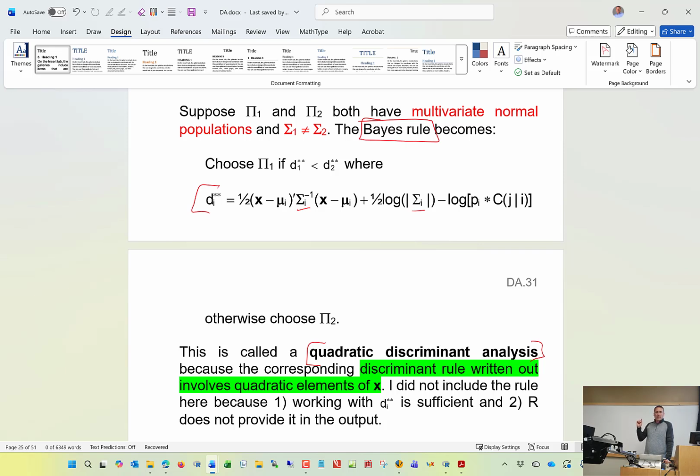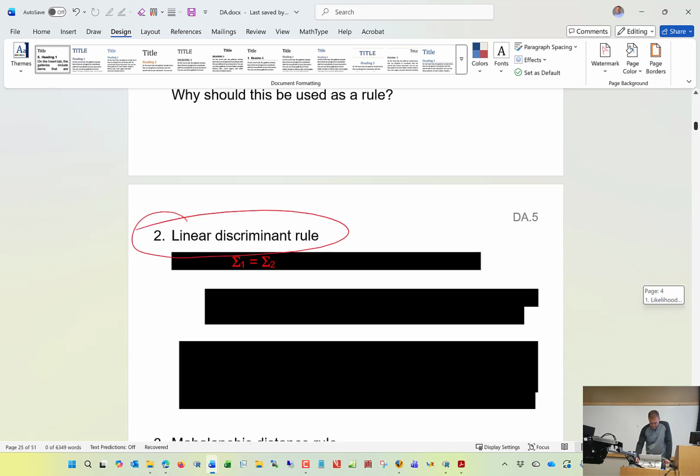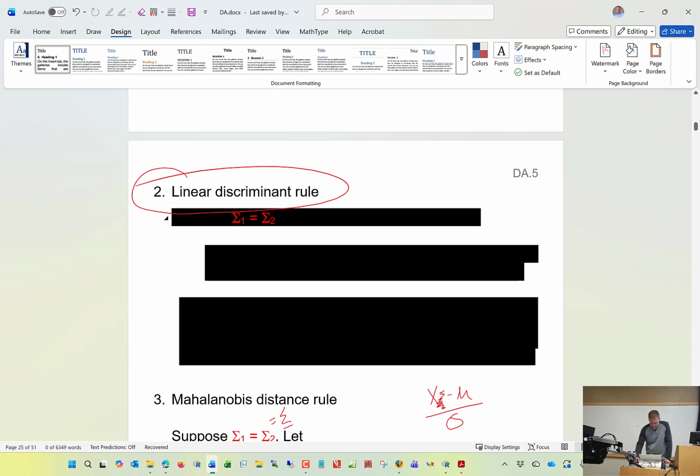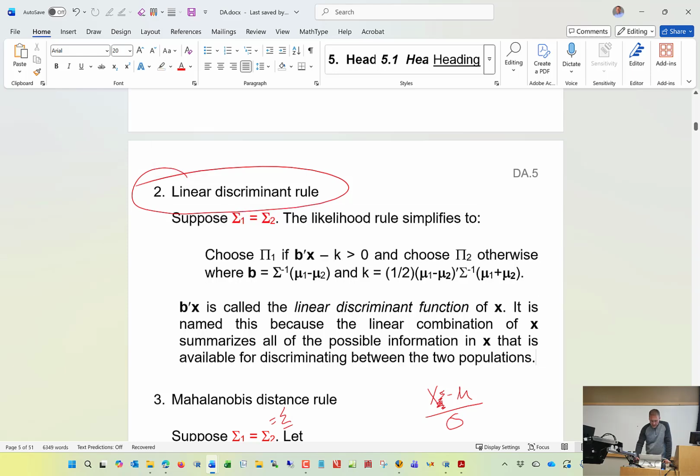Remember how I said there was something called a linear discriminant rule? Let's actually go there. We skipped it. Basically, the main thing to get out of this is that you can take the likelihood function rule, do some mathematical simplifications, and come up with what's called a linear discriminant rule.